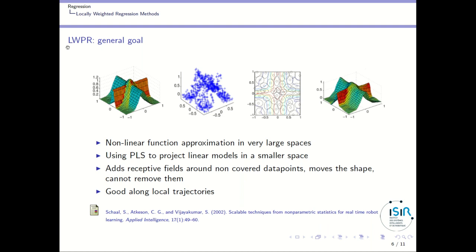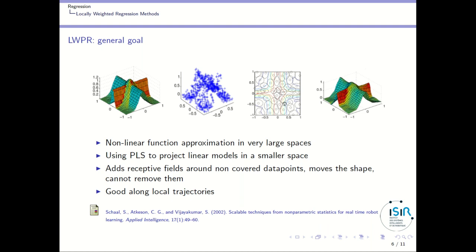A particularity of locally weighted projection regression is that when you are working in large spaces, you cannot put the domains by hand one by one. So it has a mechanism to add new domains or new receptive fields around non-covered data points. But one difficulty is that it cannot remove those domains, so it happens that you get stuck with a non-efficient representation if you have put domains in an area where there are too many of them.